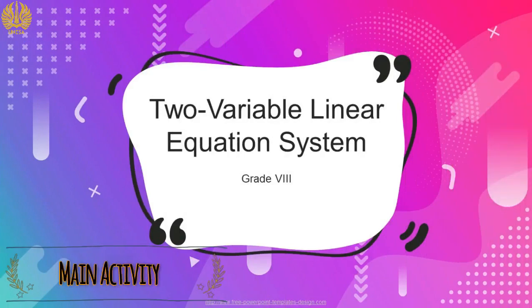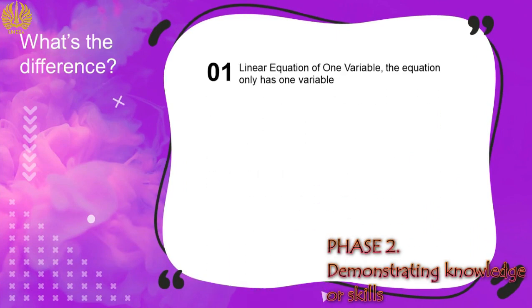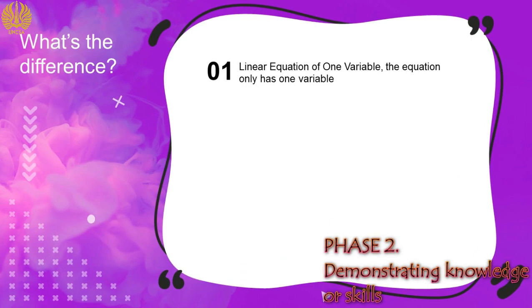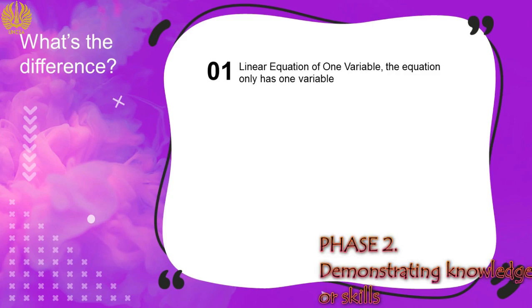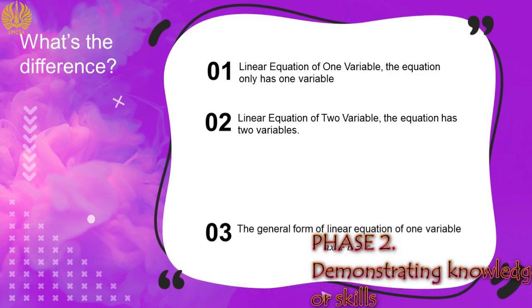Okay students, today I will explain the two-variable linear equation system. What is the difference between a linear equation of 1 variable and a linear equation of 2 variables? The first difference is that the linear equation of 1 variable has just 1 variable, but the linear equation of 2 variables has 2 variables.